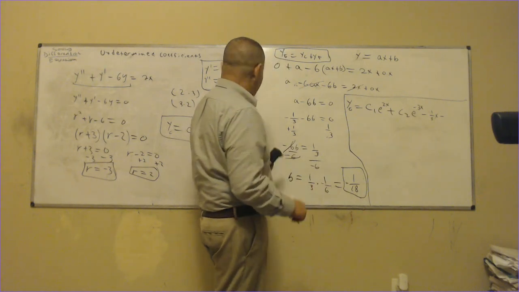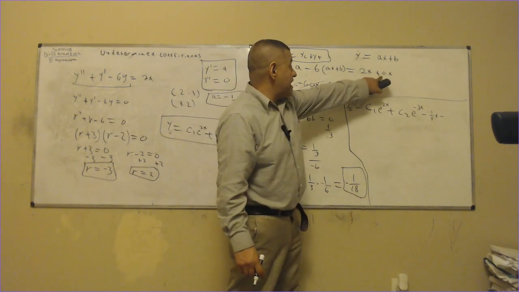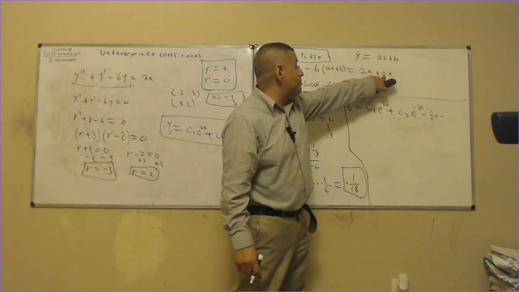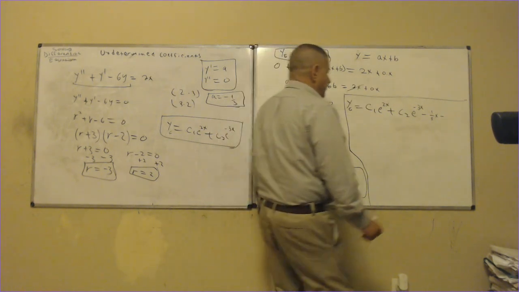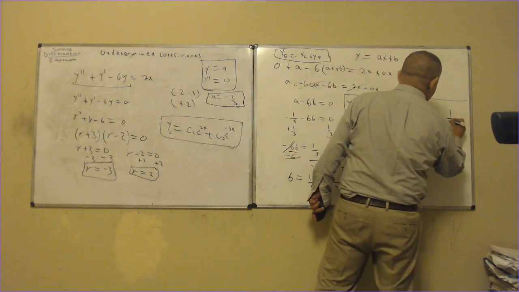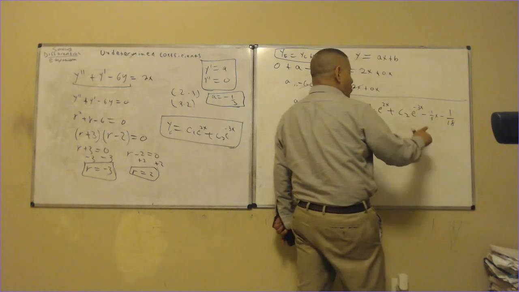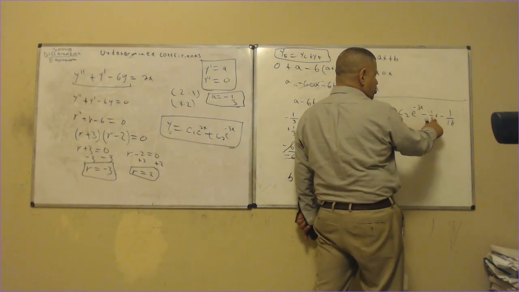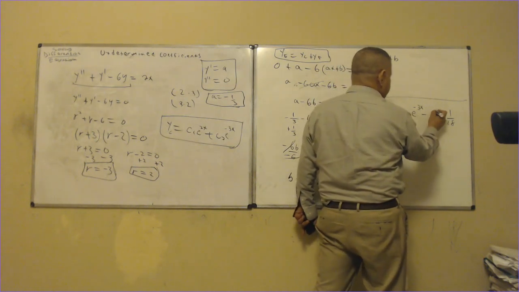Why the constant? Because when I found that term, there was nothing in front of the coefficient, just a zero, but it was a constant. So therefore, this is negative 1/18.